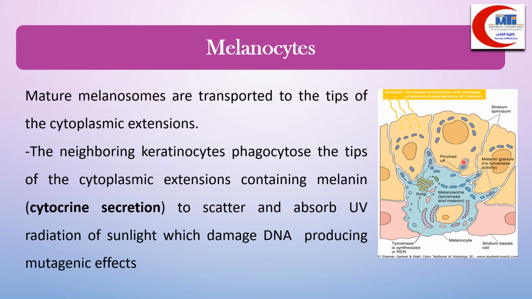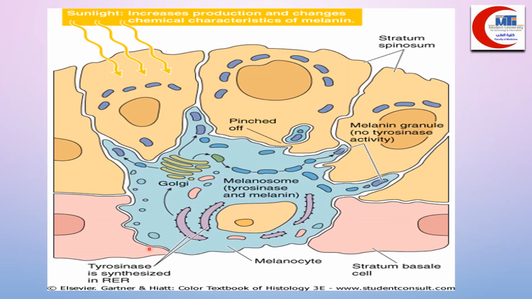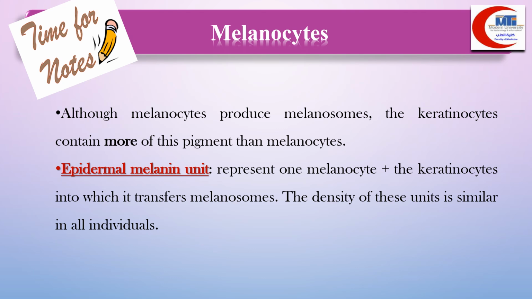And this helps to scatter and absorb ultraviolet radiation of sunlight, which damages DNA, producing mutagenic effects. The sunlight increases production of melanin and also changes chemical characteristics of melanin. Although melanocytes produce melanosomes, the keratinocytes contain more of this pigment than melanocytes.